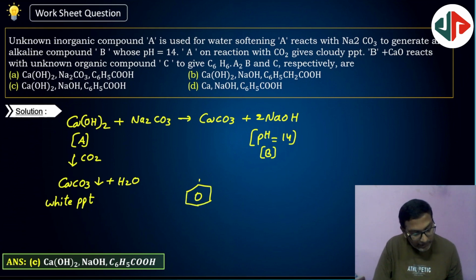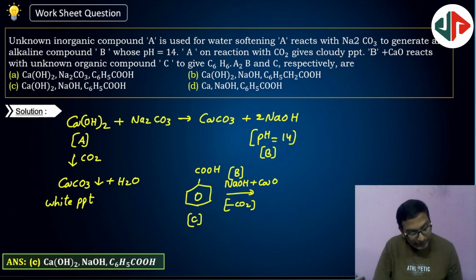The unknown organic compound can be C6H5COOH. This would be C, that reacts with NaOH and CaO, and NaOH is B, so B plus CaO. So this is a decarboxylation reaction, where CO2 will be removed, minus CO2.